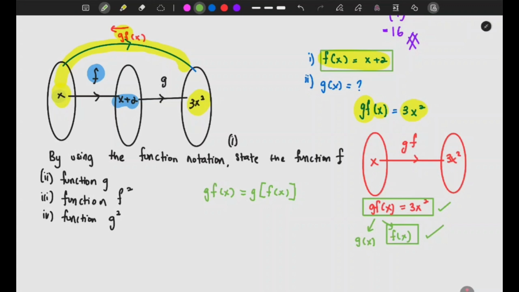And now, what is my gfx? 3x squared, isn't it? Key in 3x squared. And my g, I do not know. My fx, yes, I know, which is x plus 2. Let's key in x plus 2. So far, okay, no problem.